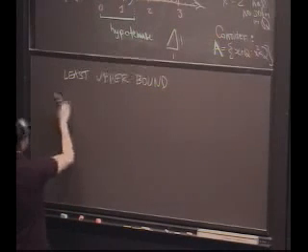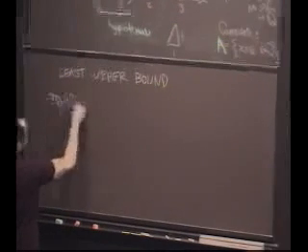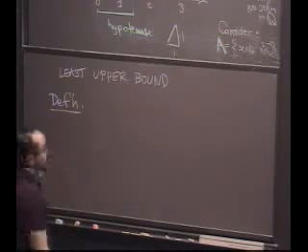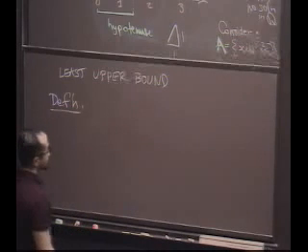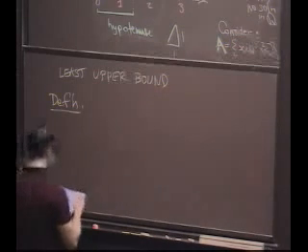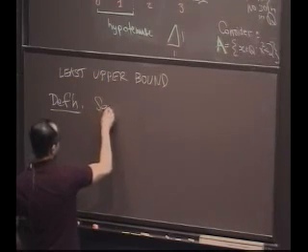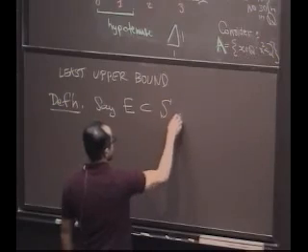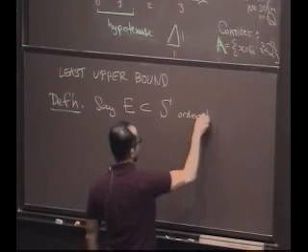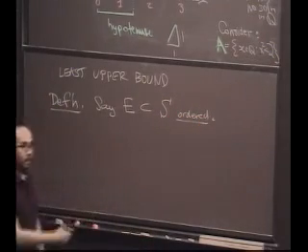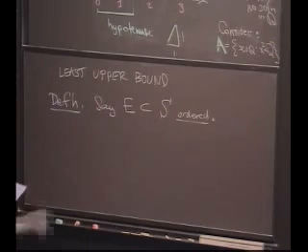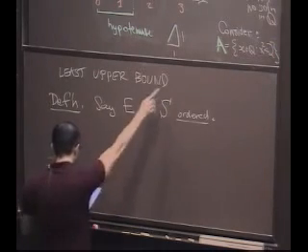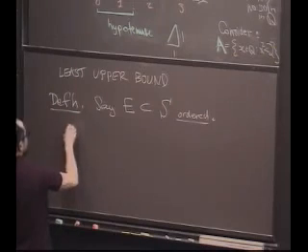So here's a definition. Let's suppose we have a set that's ordered, and we take a look at a subset. So suppose E is a subset of S, which is ordered. S is the big set, E is a subset, like that set we were considering.